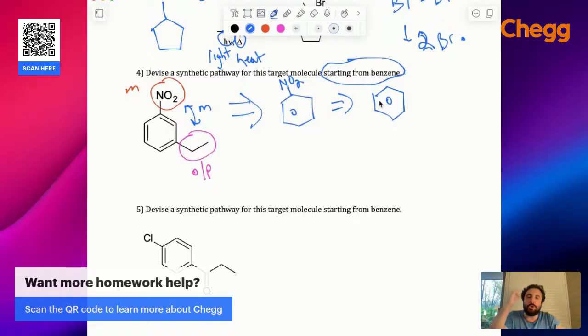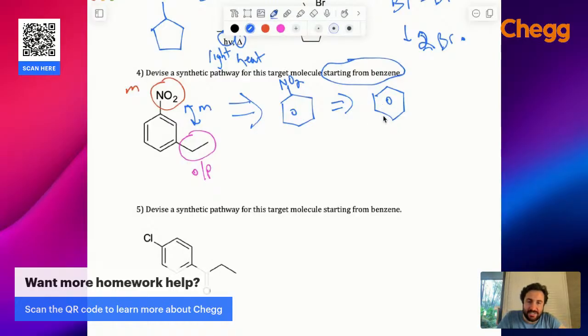Because if I can undo some reaction to get the thing before this, and then again, and then again, until I get to some starting material that's very readily accessible from the stockroom, then all you have to do is play the movie in the forward direction, and you have a synthetic pathway. You have a strategy for the synthesis.